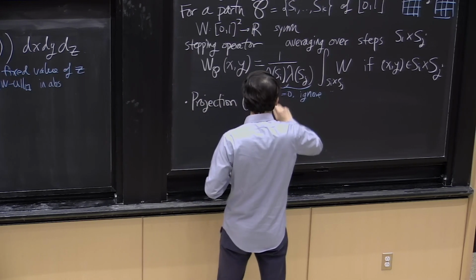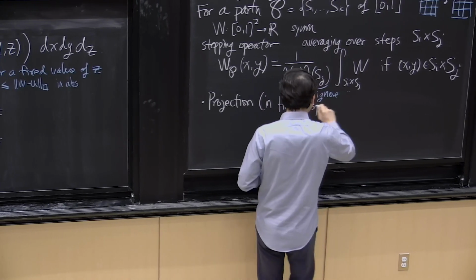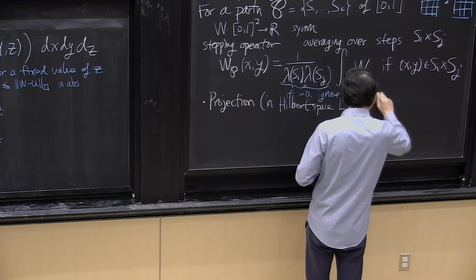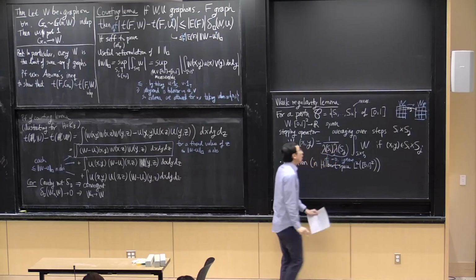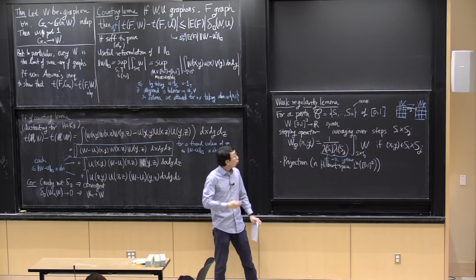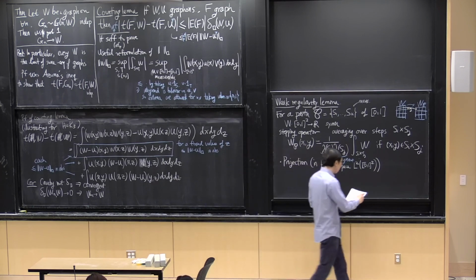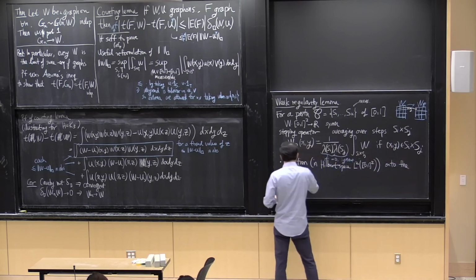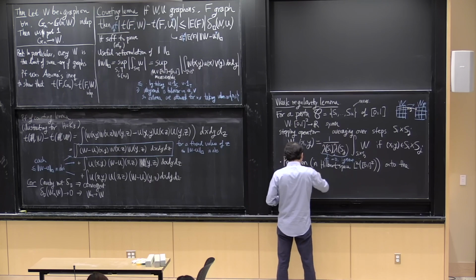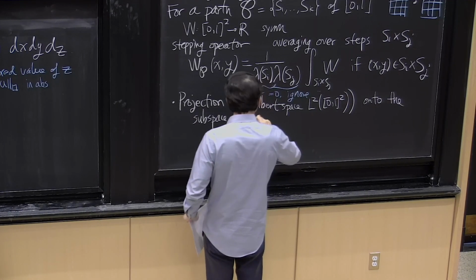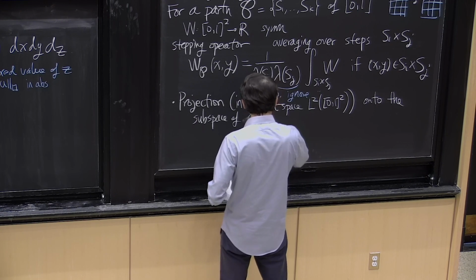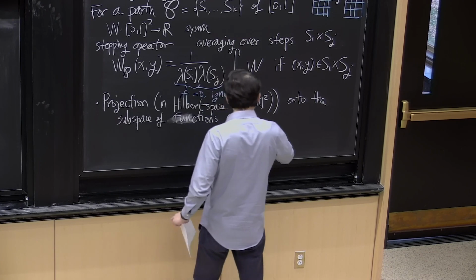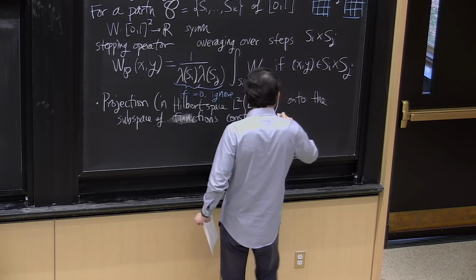So in the Hilbert space of functions on the unit square, the stepping operator is a projection onto the subspace of functions that are constant on each step.